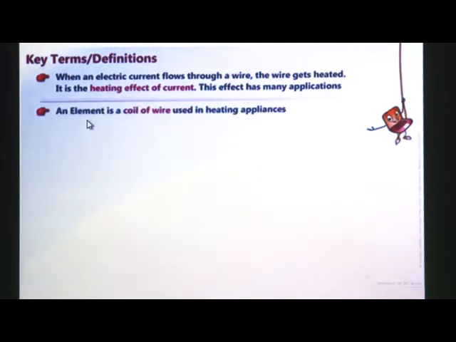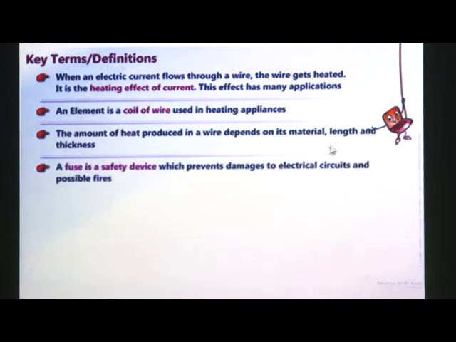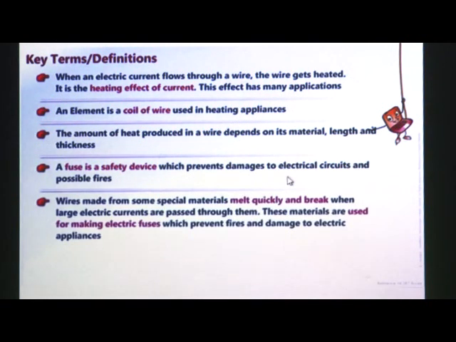An element is a coil of wire used in heating appliances. The amount of heat produced in a wire depends on its material, length and thickness. A fuse is a safety device which prevents damage to the electric circuits and possible fires.